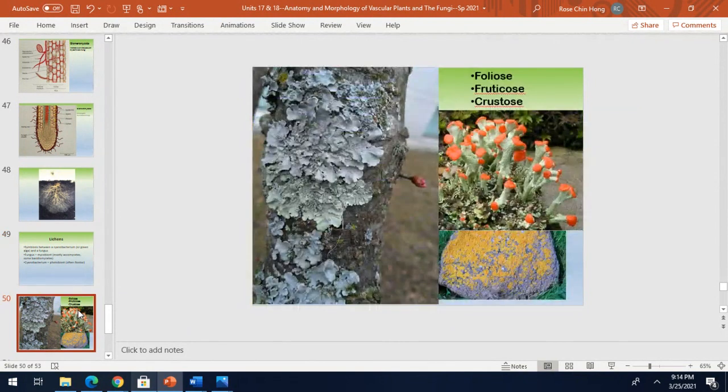All right, so let us see the types of lichens we have. We have the foliose, which is leaf-like. This picture was taken at Queen's College on the last day before they had the lockdown. I was on campus trying to get pictures of the different kinds of plants and birds, the flora and fauna of Queen's College.